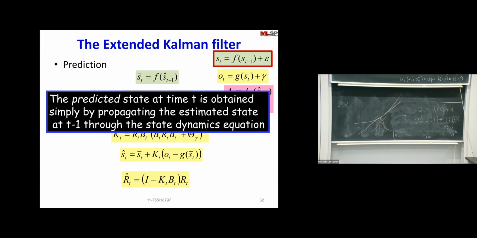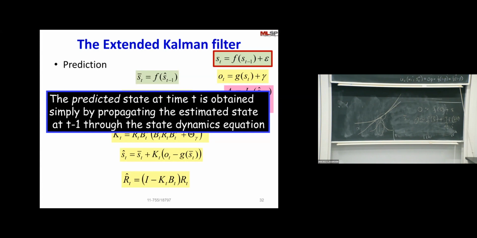What is my best guess for the state at time t? It's going to be f of s hat t minus 1 plus the mean of the noise. I'm assuming the noise is zero mean for now, right? If the noise is not zero mean, you will know exactly how to deal with this, because there's nothing magical going on. Everybody with me? So have we done any linearization over here? No, I literally just plugged it into my state dynamics equation, correct?